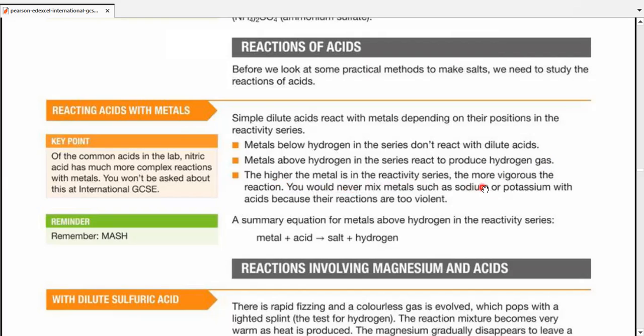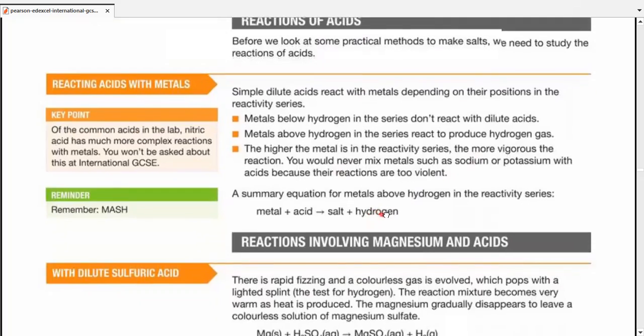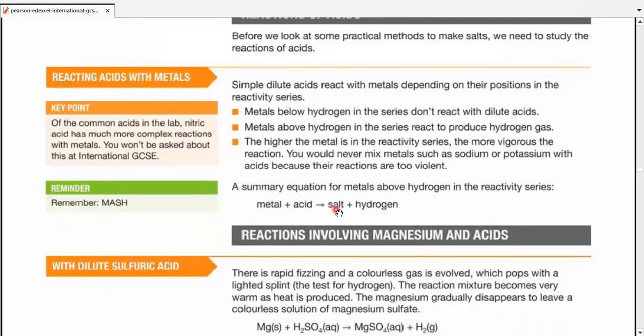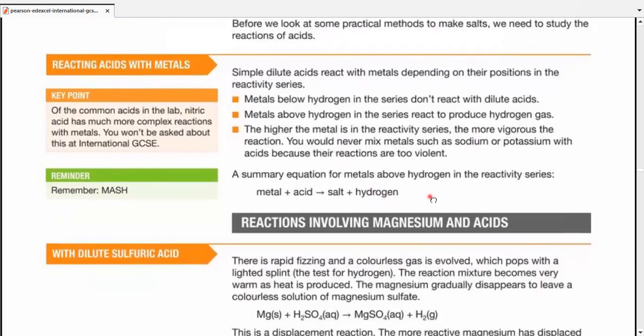The higher the metal in the reactivity series, the more vigorous the reaction with the acid. You will never mix metals such as sodium or potassium with acids because their reactions are way too violent. So it's easy to remember that metal plus acid forms salt plus hydrogen. The memorizing word is MASH, and this is a good way to memorize it.